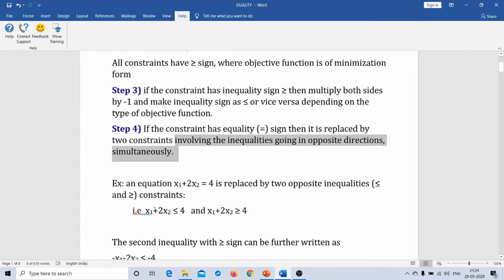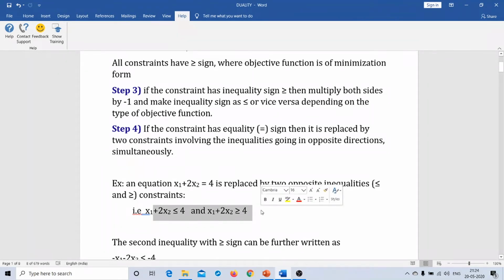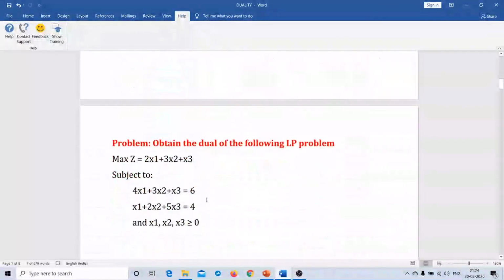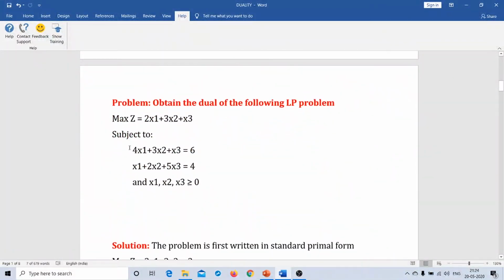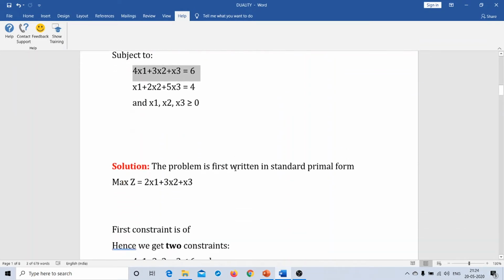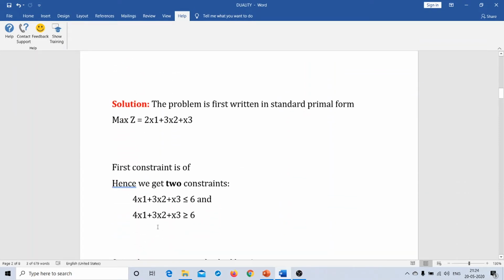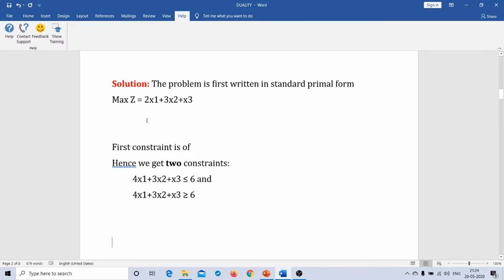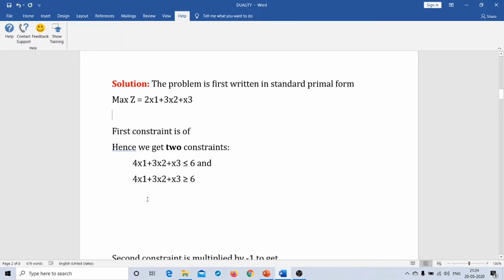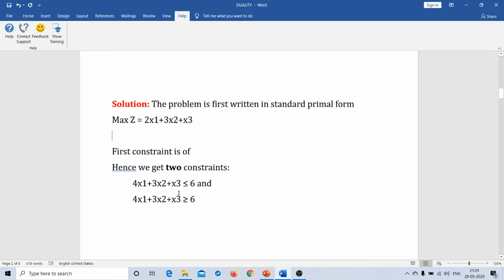Have a look at this. This is what it is, less than or equal to and greater than or equal to. Similarly, we convert this into 2, and the first constraint gets converted into two constraints. Watch out carefully. The first one is less than or equal to, and the second one is greater than or equal to.